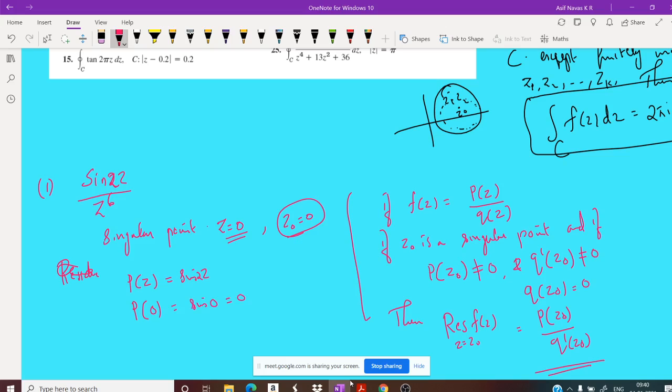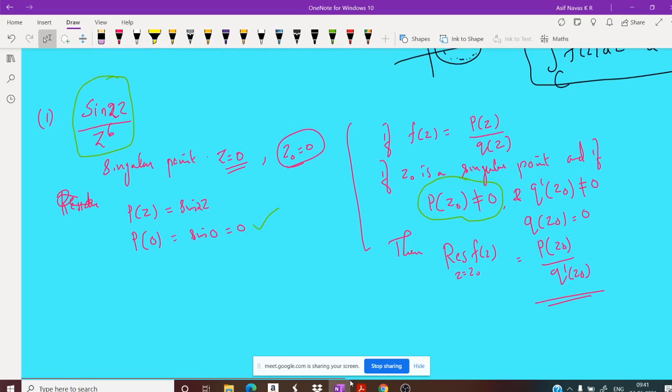So we cannot use this formula, because to use it we need p of z naught not equal to 0. But p of z naught is equal to 0, so we cannot use it.